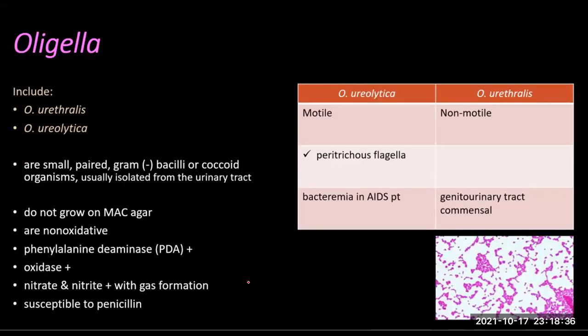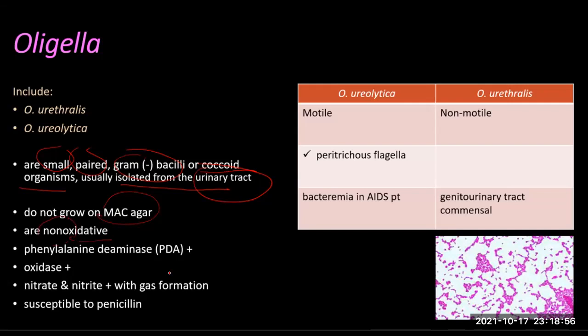And the last one, we have Oligella, with two species, Oligella urethralis and Oligella ureolytica. They are small, paired, gram-negative bacilli or coccoid organisms, often isolated from the urinary tract, and they do not grow on MacConkey agar. They are non-oxidative.